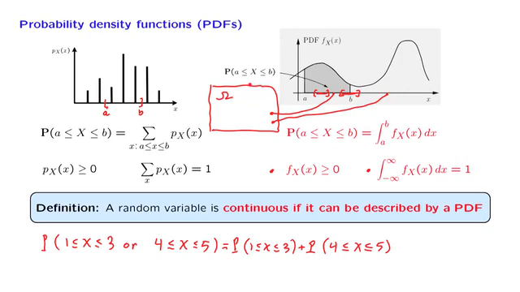And when we talk about the probability that x takes values between some numbers a and b, what we really mean is the probability of those outcomes for which the resulting value of x lies inside this particular interval. So that's what probability means.